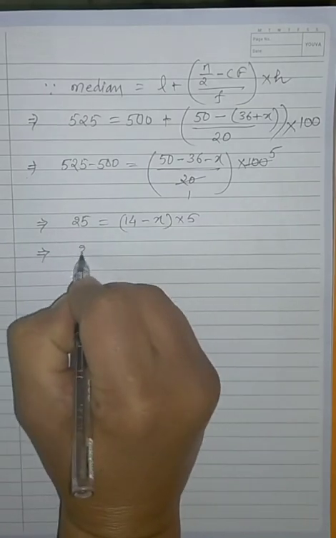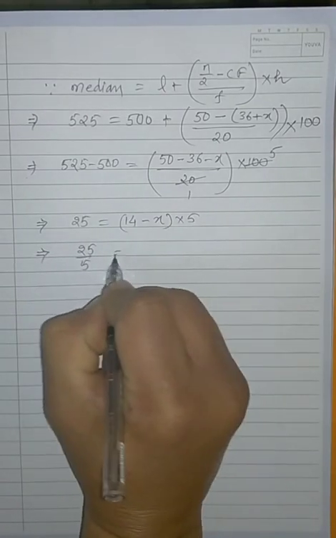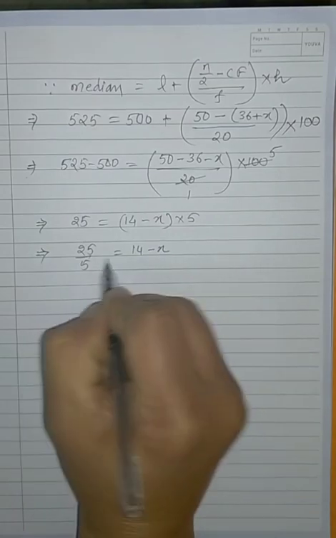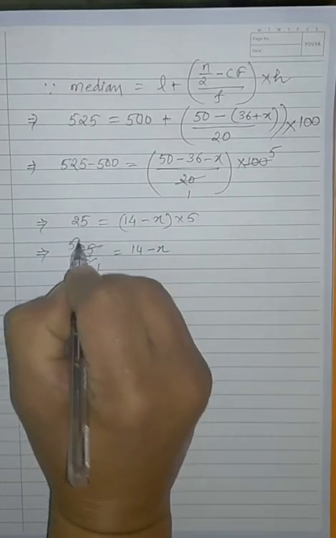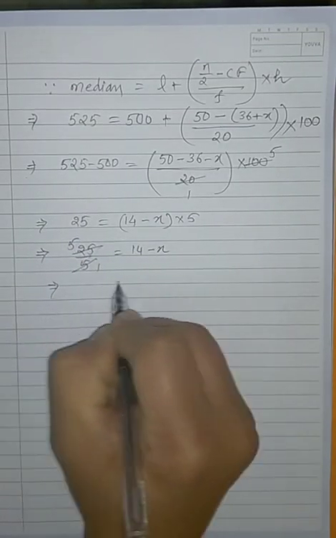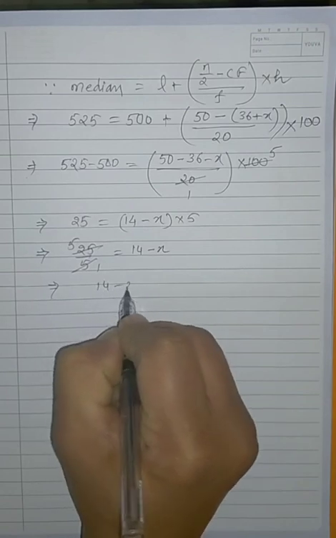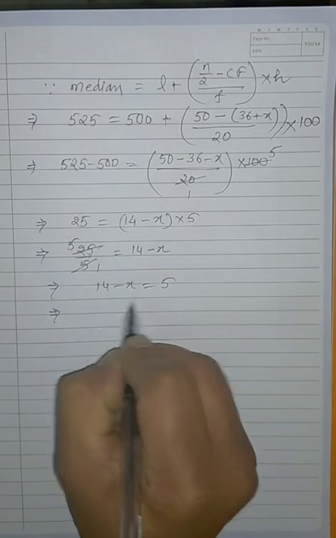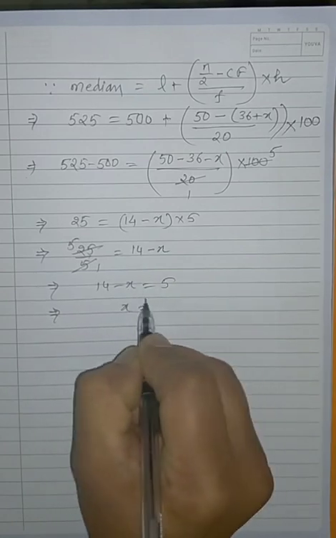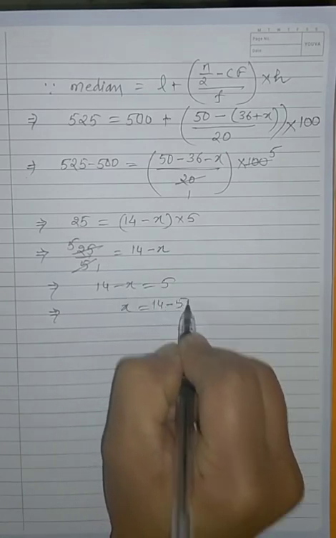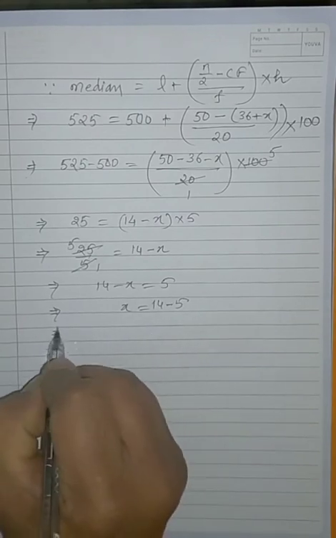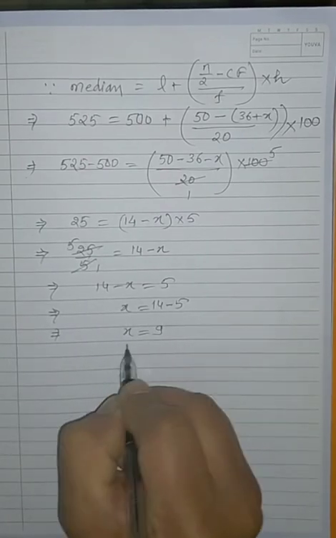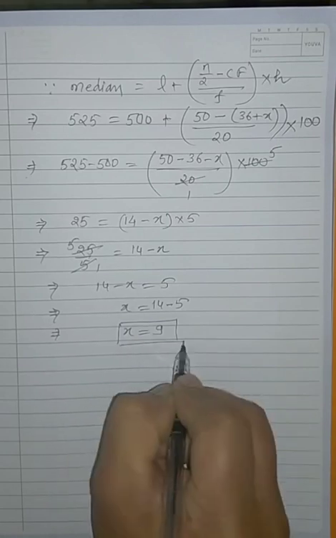Therefore, 25 upon 5 is equal to 14 minus x. Once again we can cancel. That implies 14 minus x is equal to 5. Therefore, x will be equal to 14 minus 5. That implies x is equal to 9. First answer.